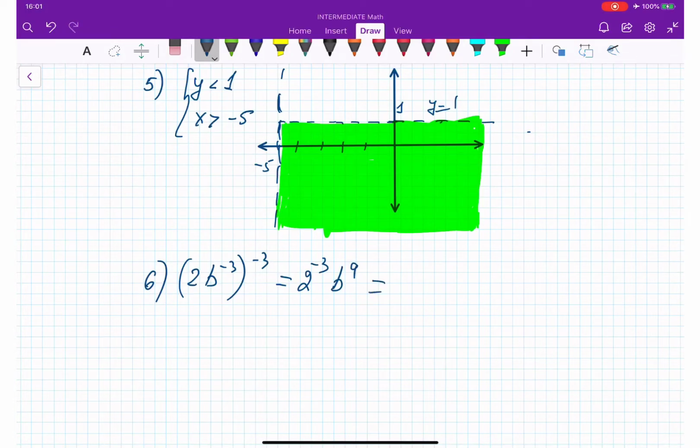From here, because 2 has a negative 3, it's coming down to positive 3. And b to power 9 is positive, so it stays on the top. Therefore, we get b to power 9, and here 2 to power 3 is 8. Okay.